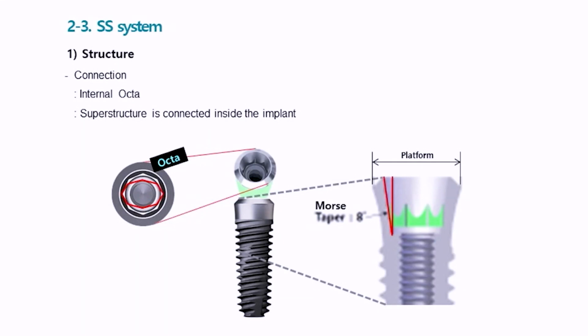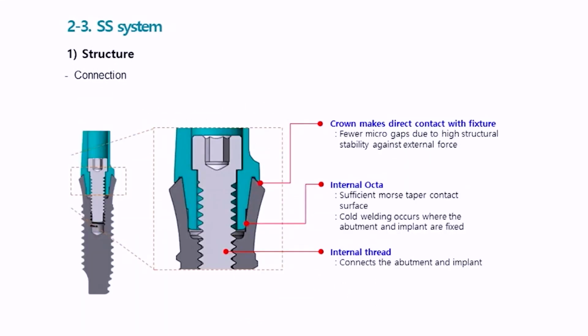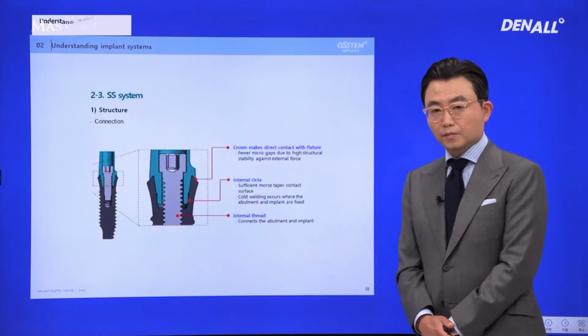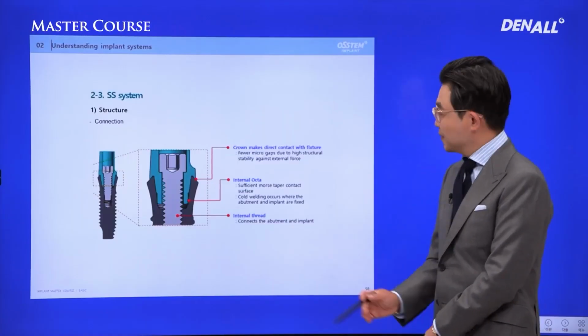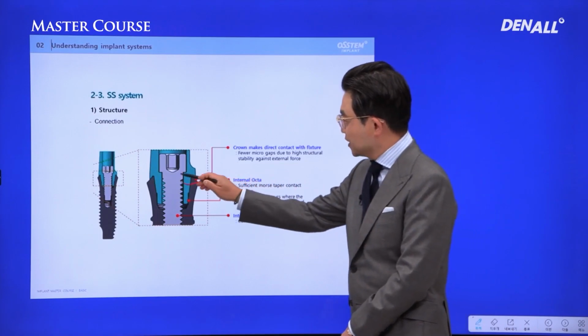However, I said I like the SS system. The biggest reason is that it has structural stability. In the posterior area, for a single implant, especially if you have strong occlusal force, sometimes there could be mechanical problems. But for SS, this structure is very stable.